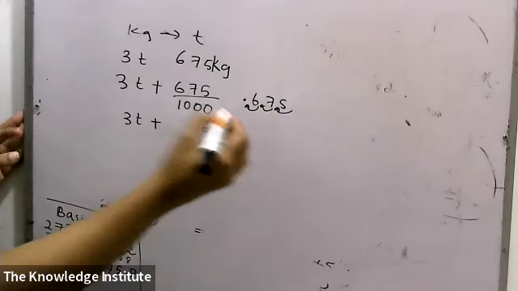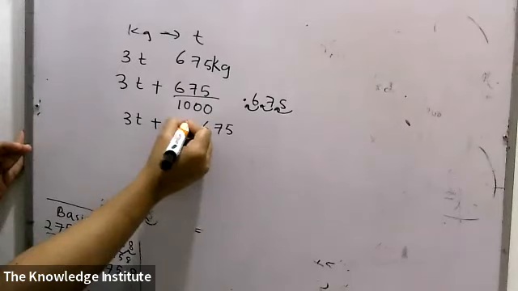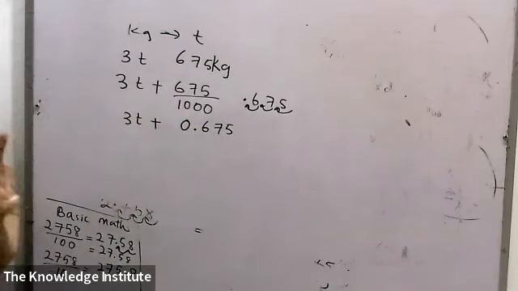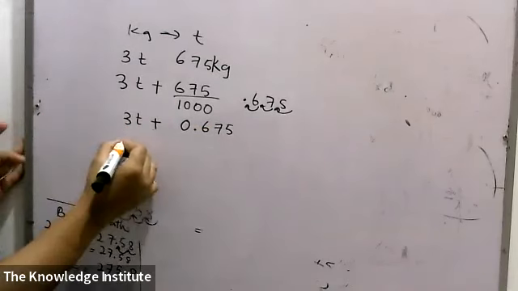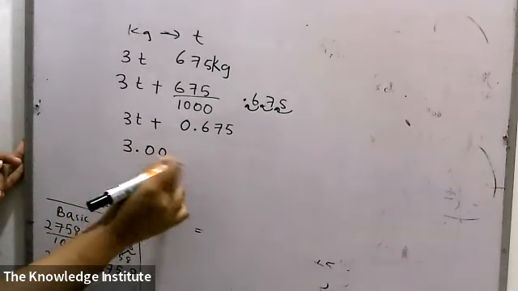But now you can ask, Miss, we don't have any digit. If you don't have a digit, then you don't have a value. What is the digit that has no value? 0. Then you keep the decimal point and add the 0. Now you have 3 tons and 0.675. You know always after a digit we usually have 0.00.